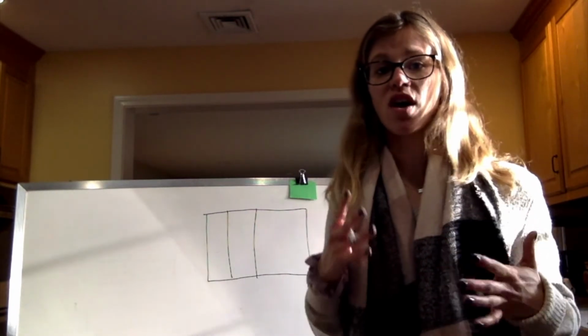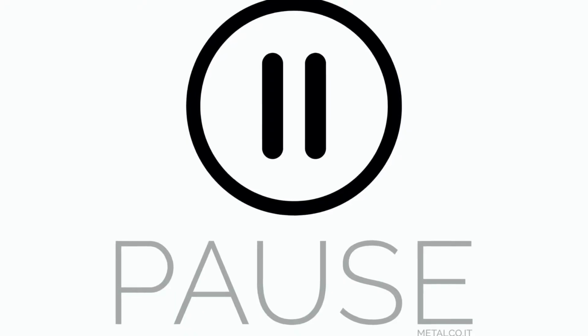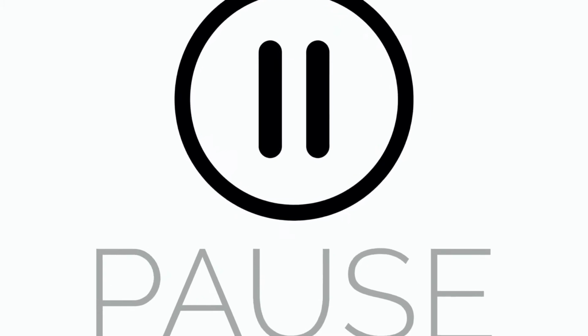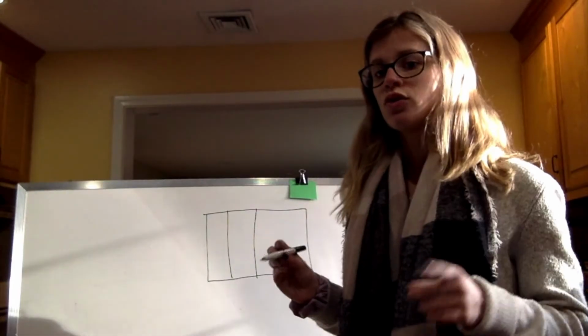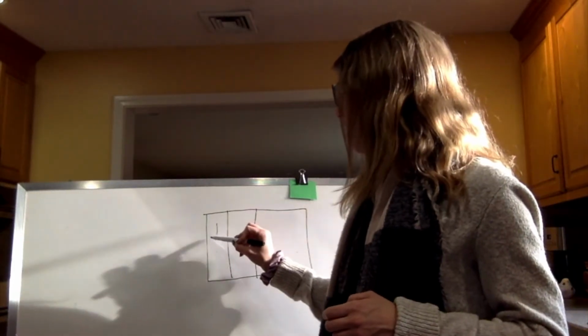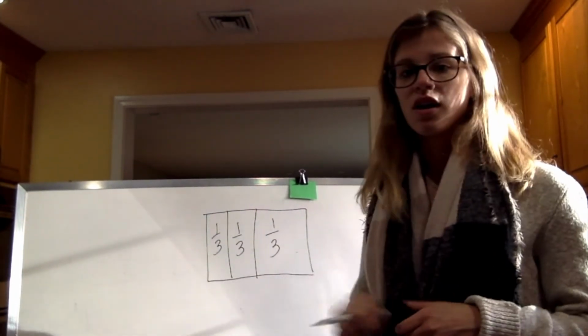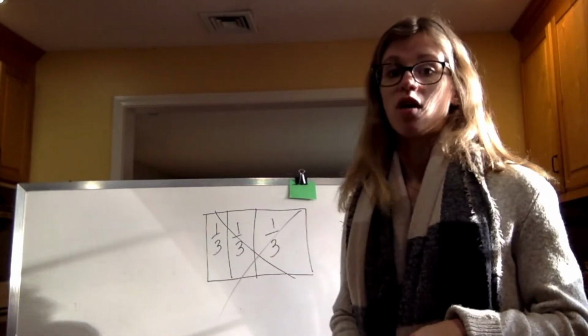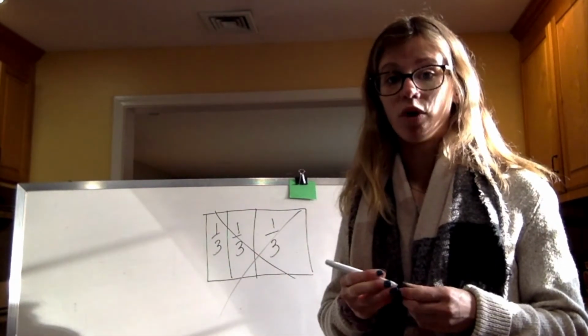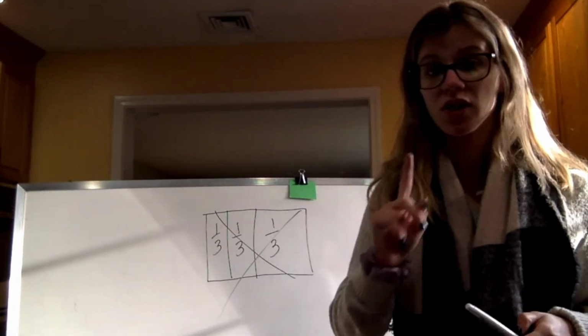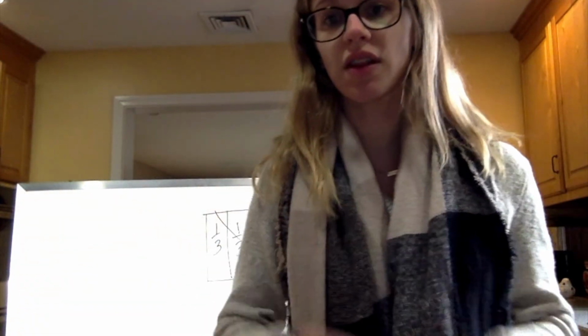I want you to think about why or why not. So I would have to say that this is wrong because they're not equal parts. In order for it to each be equally 1/3 in a fraction, they need to have equal parts.